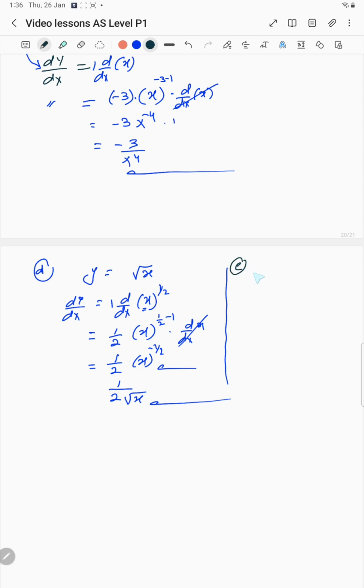Take another example. If you have y equal to (x4 plus 2x3 minus 5) divided by x2. So what to do? We are looking for dy by dx. So dy by dx will be, before you differentiate here, you need to reshape this.